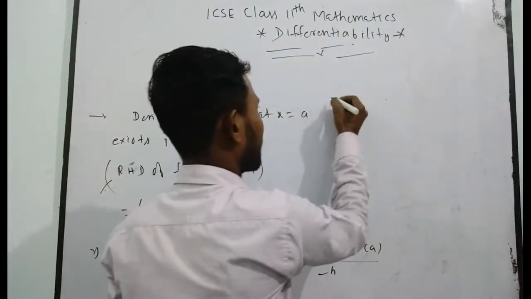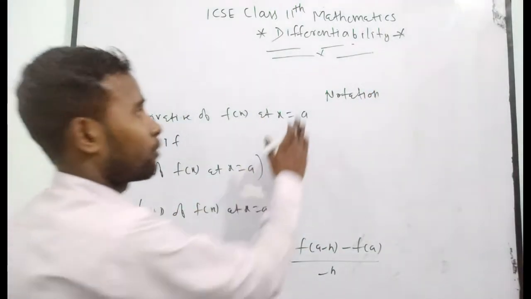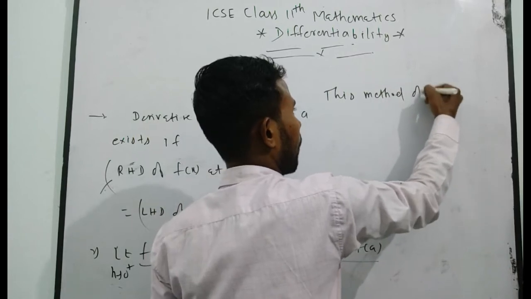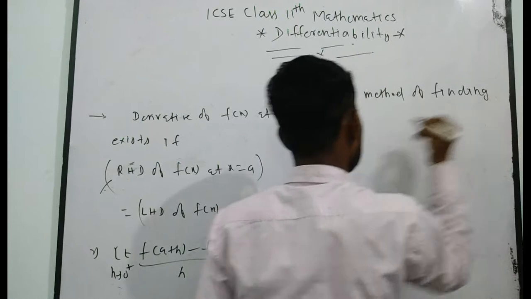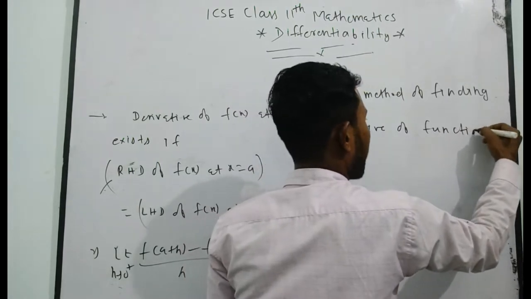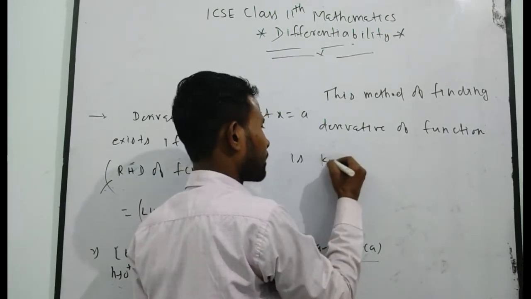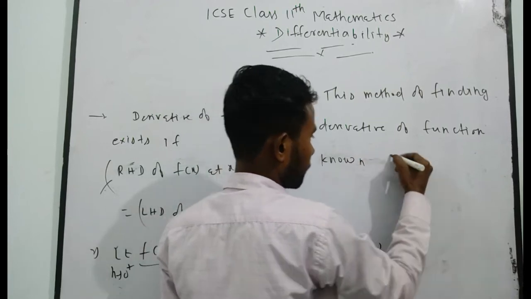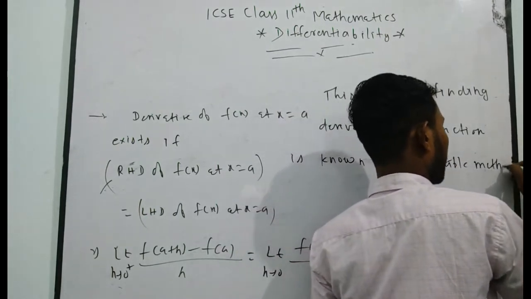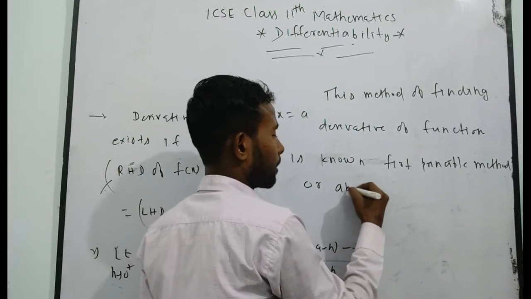Now I want to write the notation. Before writing it, I want to say this method of finding the derivative of a function is also known as the first principle method or Ab-Initio method.